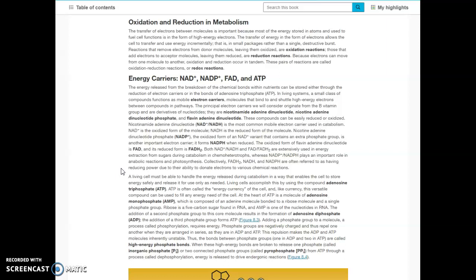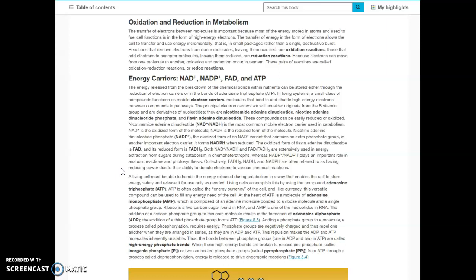Oxidation is when we remove electrons, and reduction is when we add electrons. I know it sounds counterintuitive if you think reduction like, oh, we're losing electrons, but that's not the case. So just kind of clear that out of your mind. Oxidation reactions, these molecules become oxidized because we're removing electrons from them.